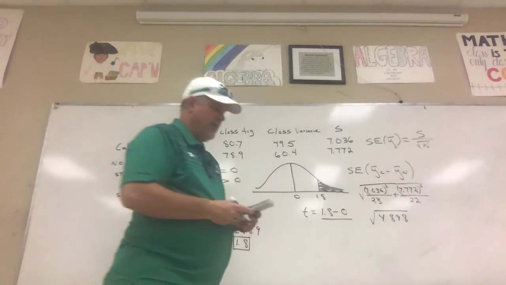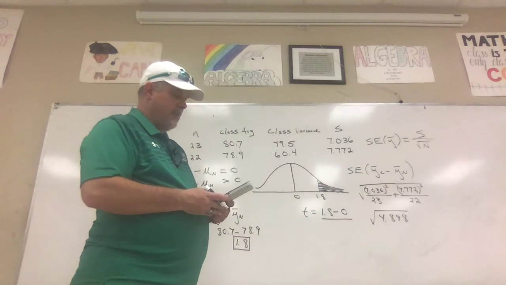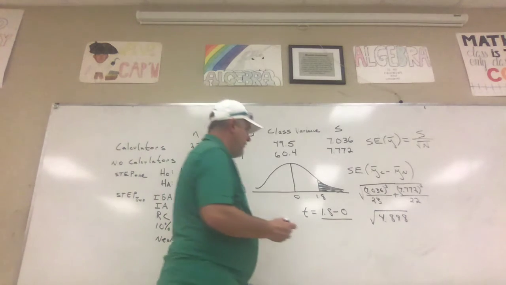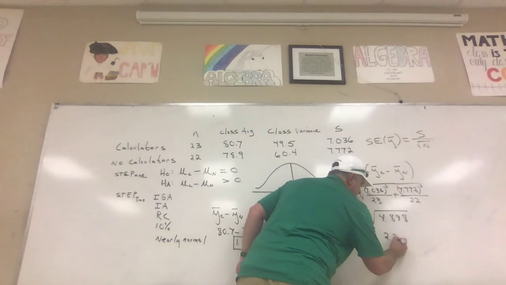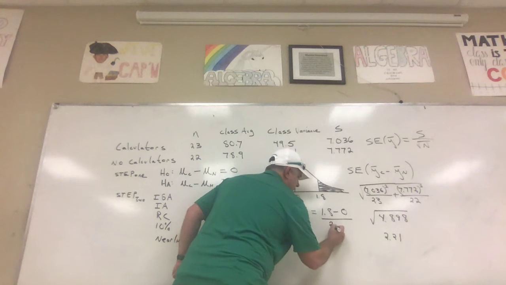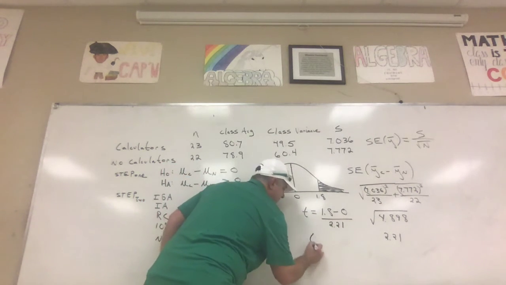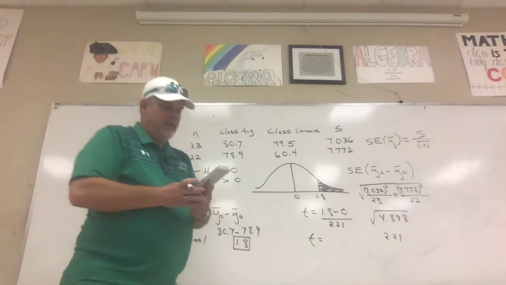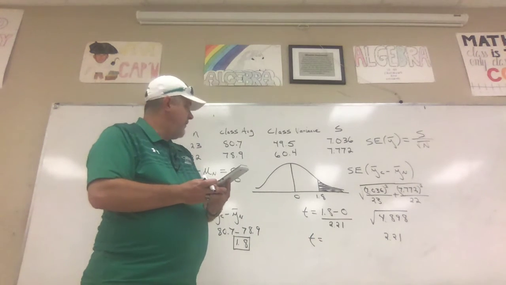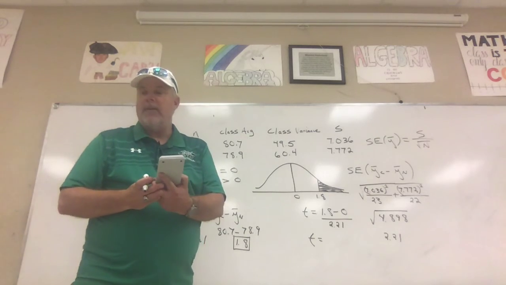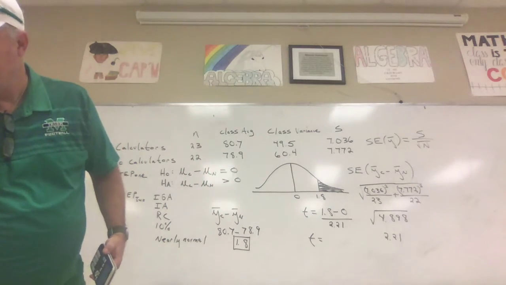Then the square root of that, second square root of 4.898, is 2.21. So my t-score is 1.8 divided by 2.21, which is 0.8144.